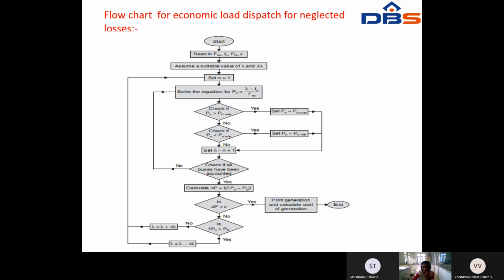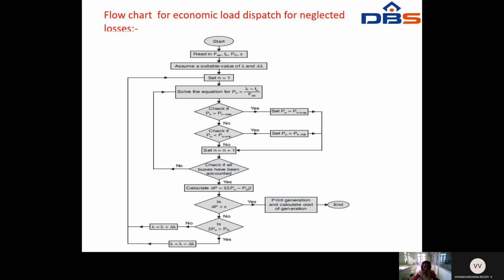So at first, start, and after that reading Fn, Fnn, Pdc and E, assuming a suitable value of lambda and delta lambda, and set n equal to 1. So solving the equation for Pn equal to (lambda minus Fn) by Fnn.